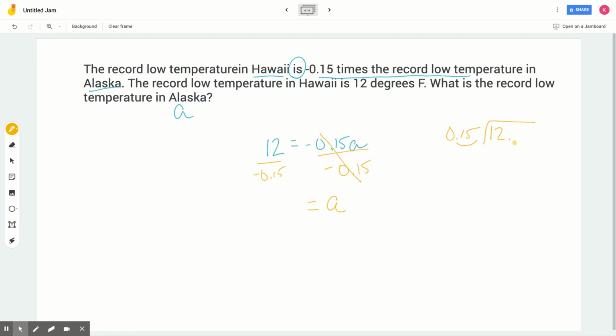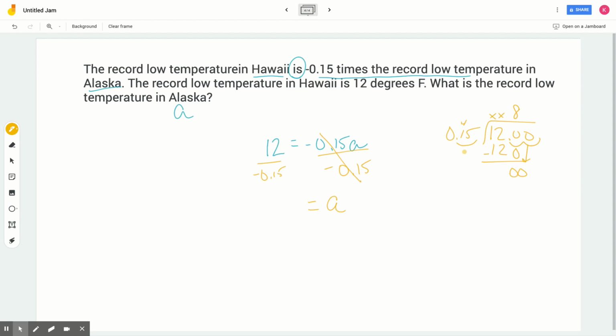Now we need to take 12 and divide by 0.15. Remember that you have to move your decimal. 15 can't go into 1 or into 12. It can go into 120. Let's see here. 8 times 5 is 40. 8 times 1 is 8 plus 4 is 12. We subtract and we have 0 left over.